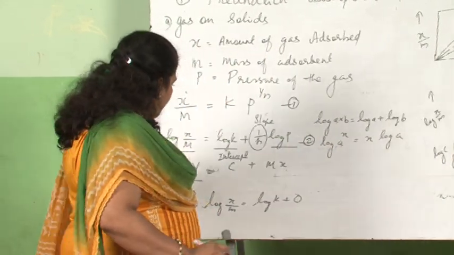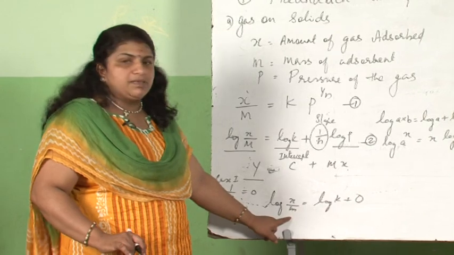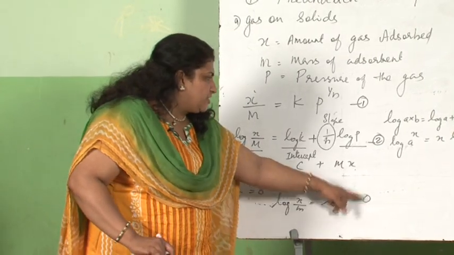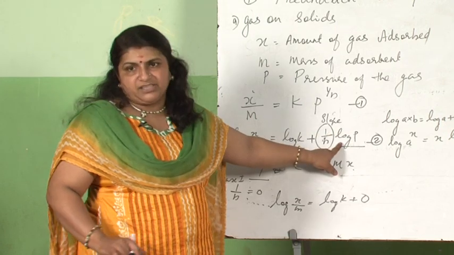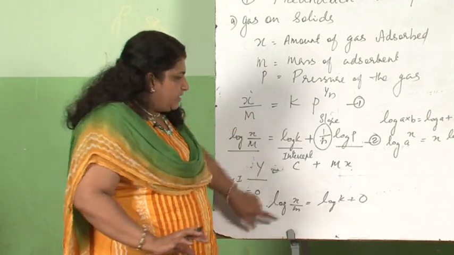When we write 1 by n is 0, x by m is a constant which is independent of pressure, because the pressure term has got no significance here. Clear to you?